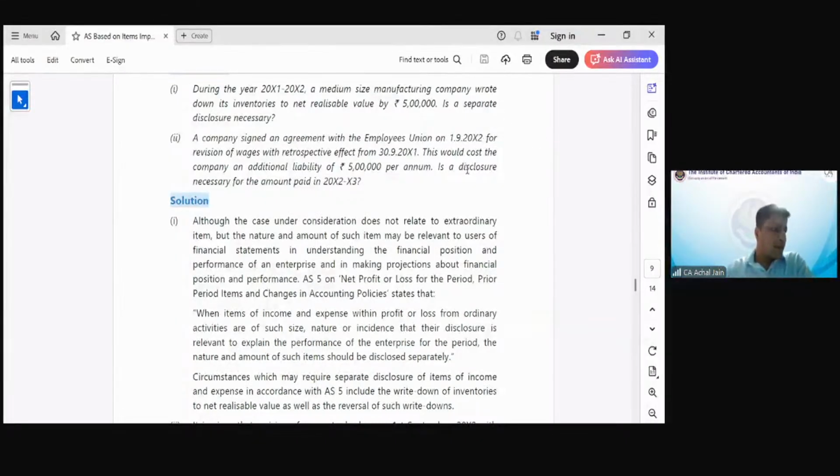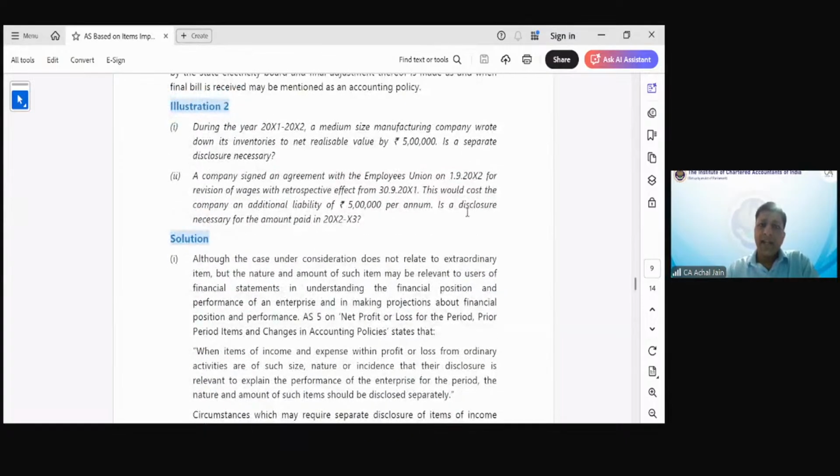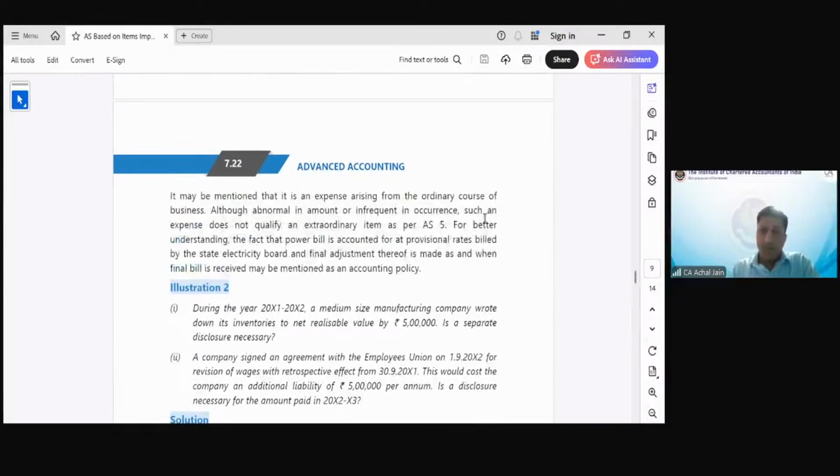All right, so let's look at the second part. A company signed an agreement with the employees union on 1st September X2 for the revision of wages with retrospective effect from 30th September X1. This would cost the company an additional liability of 5 lakh per annum.